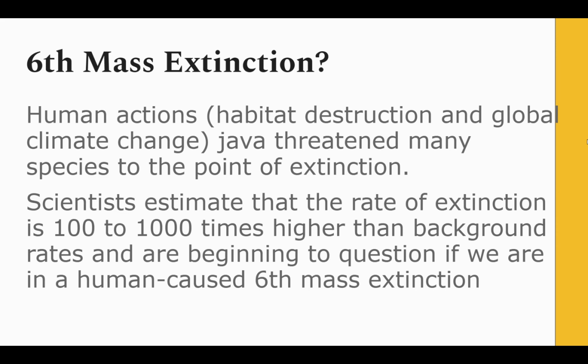So we can calculate background extinction rates, and scientists estimate that our current rate of extinction is 100 to 1,000 times higher than that normal background extinction rate. And because we aren't necessarily reversing any of the things that we are doing, they estimate that to continue. And if it does continue, we are in a 6th.